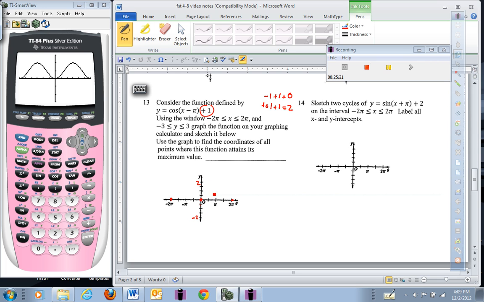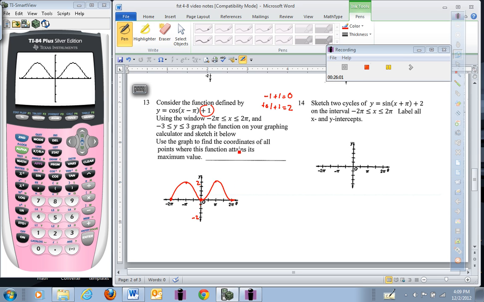Okay, so we're going to have it peaking out halfway between. I think we would be able to get the minimum point here, or the other maximum point. Is that what yours looks like?